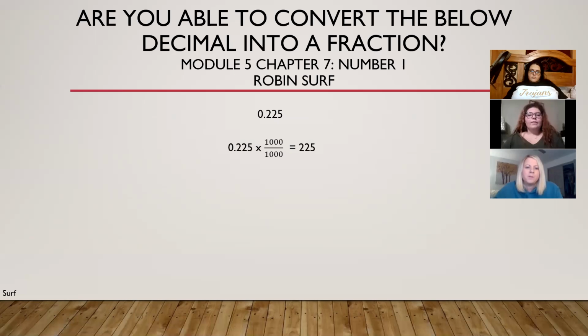When you multiply 0.225 by 1,000, you get 225. We are really not changing much here because 1,000 over 1,000 is actually 1, but if we multiply it this way, we can now write the first part of our fraction as 225 over 1,000. But we know this can reduce down much more, and once you do that, the final answer will be 9 over 40.